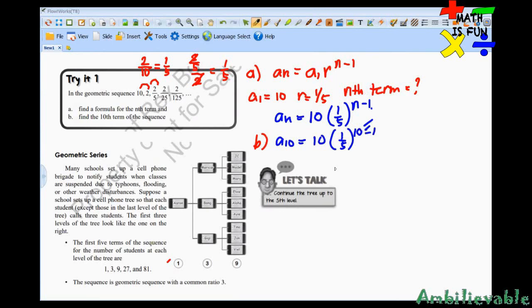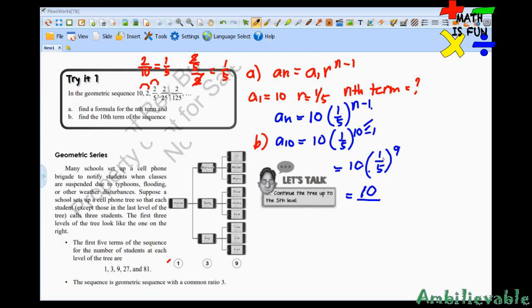So therefore, we have 10 times 1 over 5 raised to 9. So what would be our value? Did you get that on your calculator? 5 raised to 9, so that is 10 over 5 raised to 9. 5 times 5 times 5, or 5 to the power of 9.